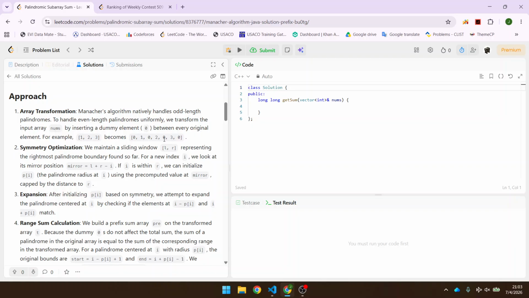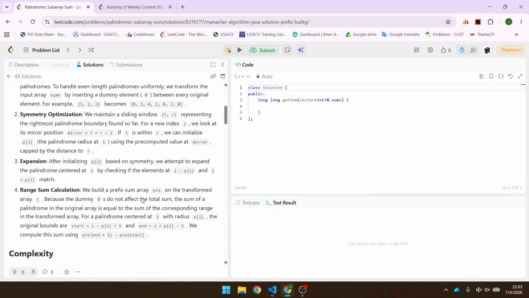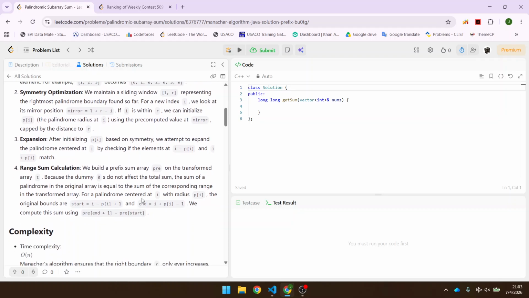This is r. After initializing pi based on symmetry, you plan to expand the palindrome centered at i by checking if the elements at i minus pi and i plus pi match. Build prefix sum pre on transform array T. Okay.